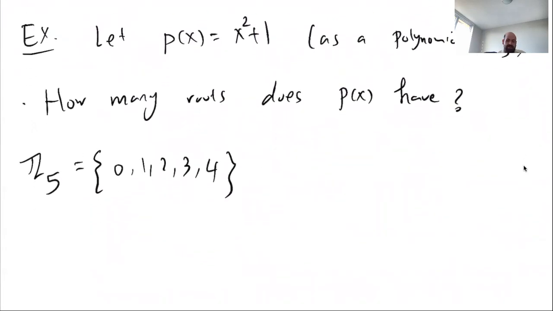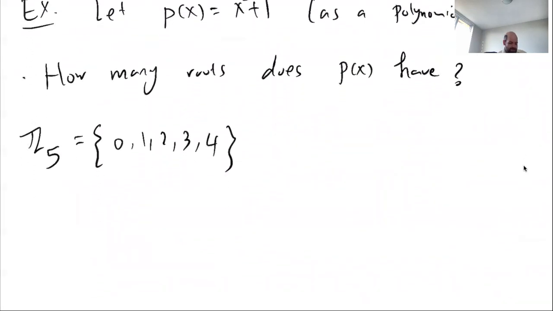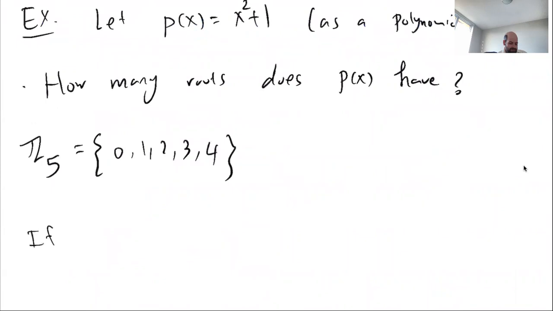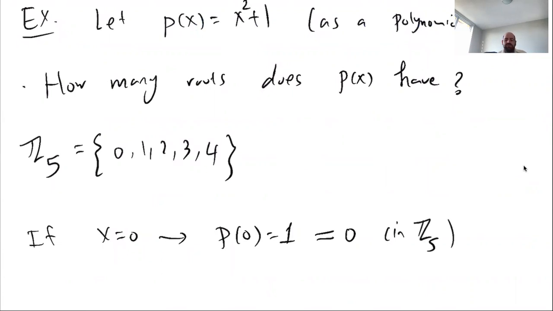So let's verify this. If x is equal to 0, p of 0 is equal to 1, and is 1 equal to 0 in Z5? Equality in Z5 means congruence. Is 1 congruent to 0 mod 5? Does 5 divide 1 minus 0? No, 5 does not divide 1 minus 0.